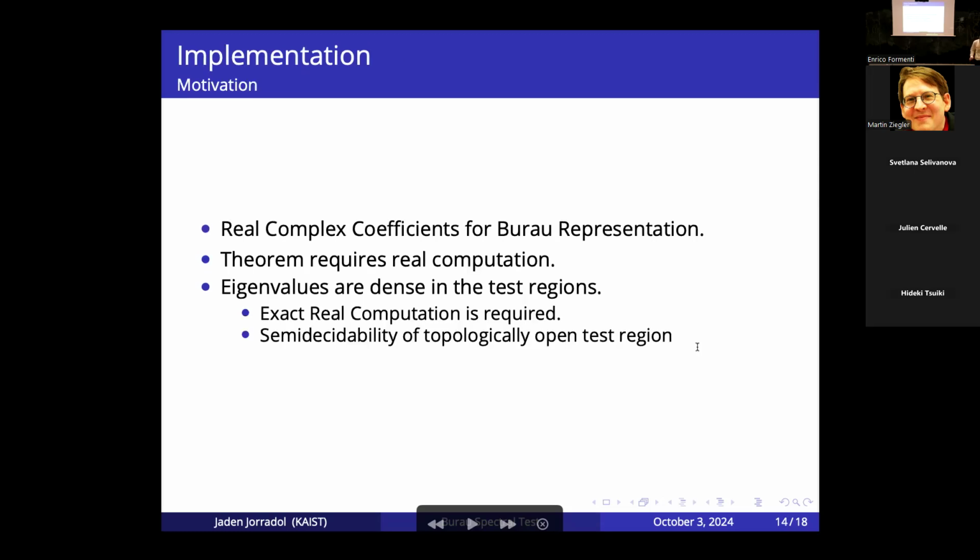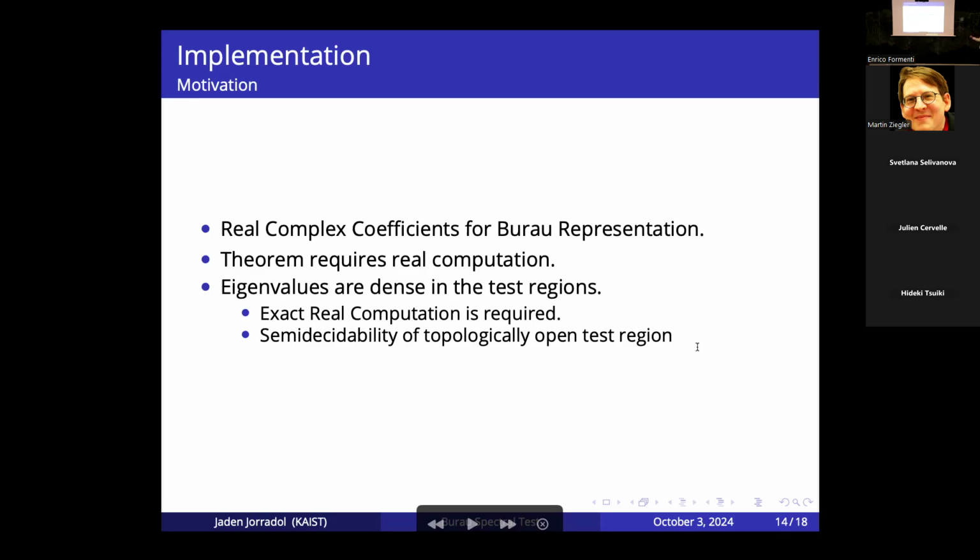Okay, so to recap on the motivation, the representation of the matrix is real numbers and also complex real numbers with unlimited precision, in which floating point numbers do not suffice, and so the theorem needs exact real computation to compute whether the given braid is reducible or unexchangeable.